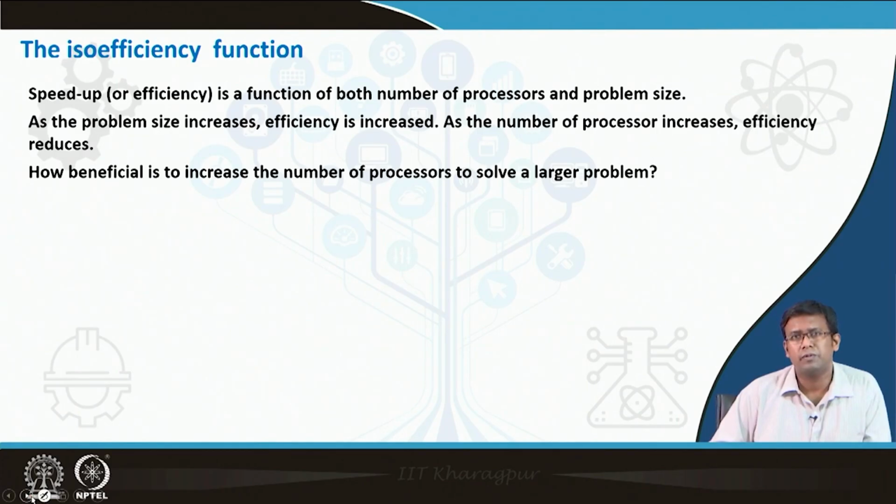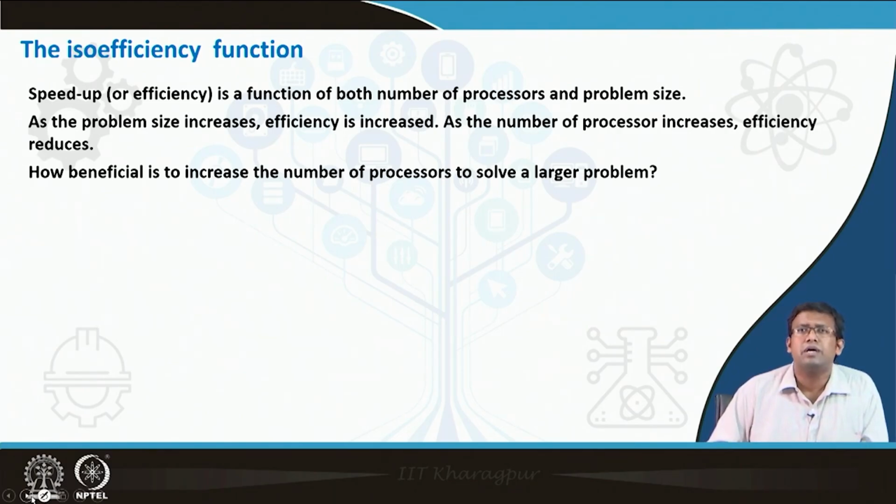If we have a larger problem, and we are using the same number of processors, we are getting better efficiency. Better efficiency means the speed up increases. If we want to use the same S by P ratio, we will increase the number of processors and get better speed up in a similar ratio.